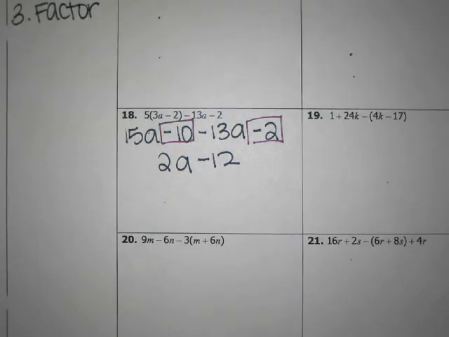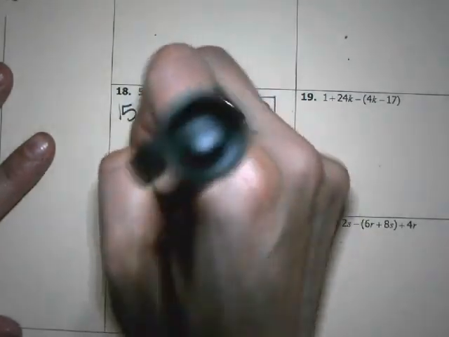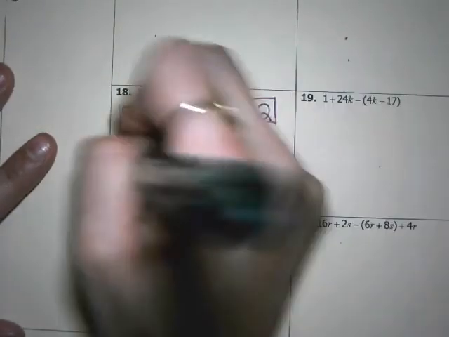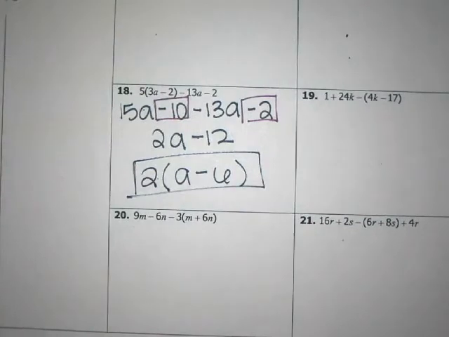Number 14, tell me what you get when you factor. 2 and then in parentheses a minus 6. Very nicely done. Every step relies on the step before. That's the hard part about this, because if you mess one thing up, unfortunately the rest of it's most likely going to be wrong unless you get lucky, right?